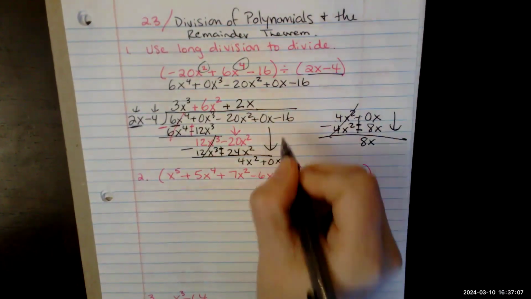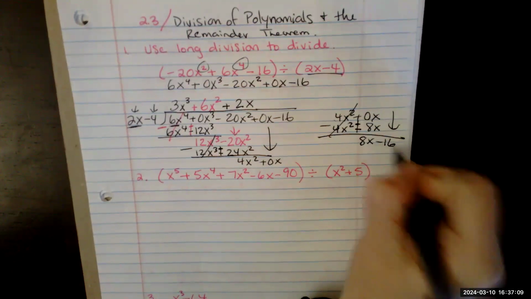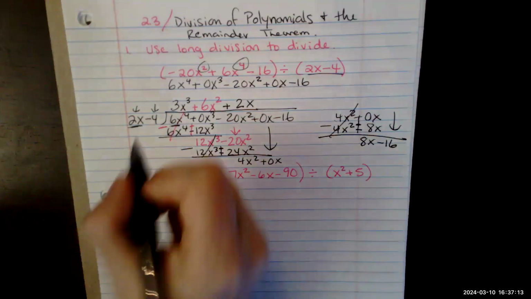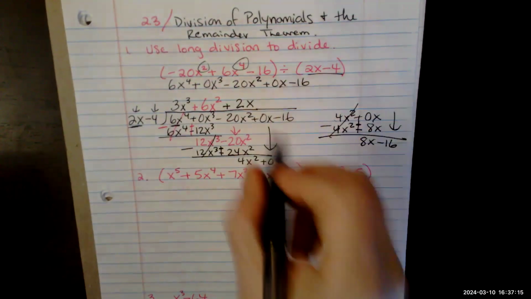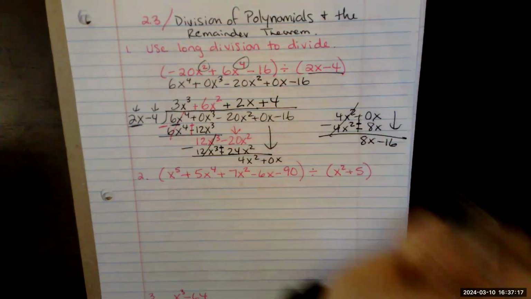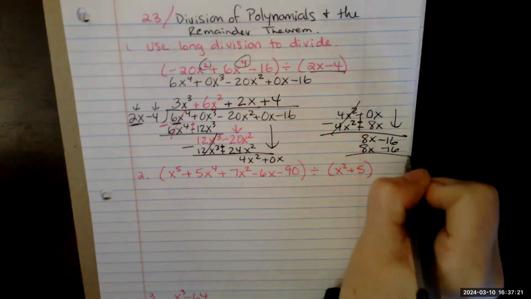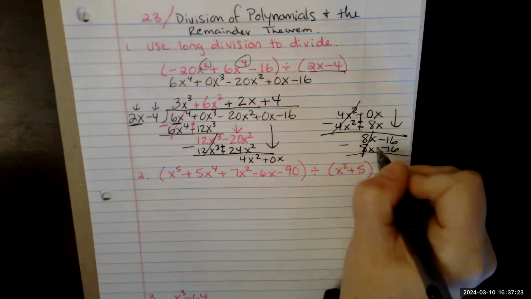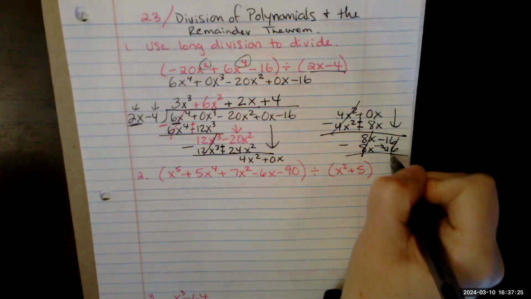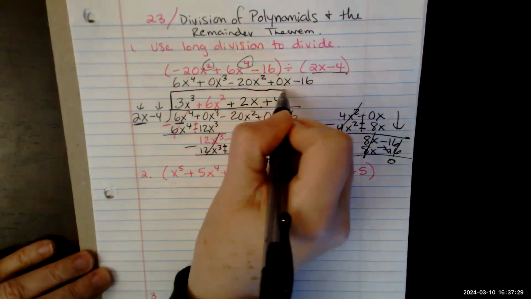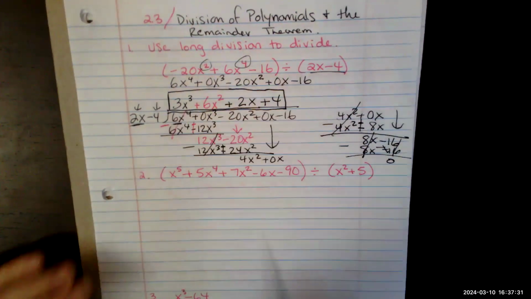And then we bring down the next term, which would be the -16. What would we need to multiply 2x by to get to 8x? That would be a +4, which would give me 8x minus 16, minus wipes out, minus wipes out. So I have no remainder. So this is my final answer.